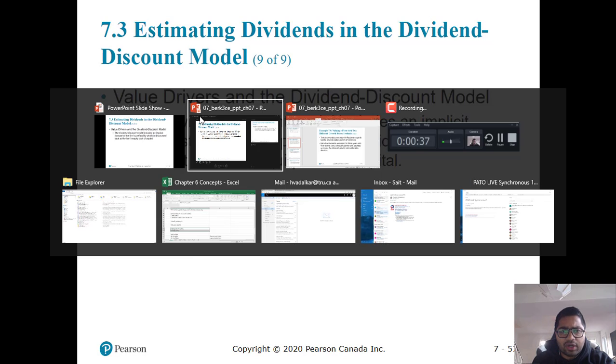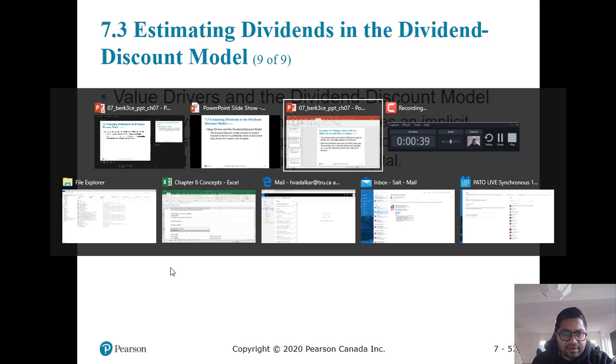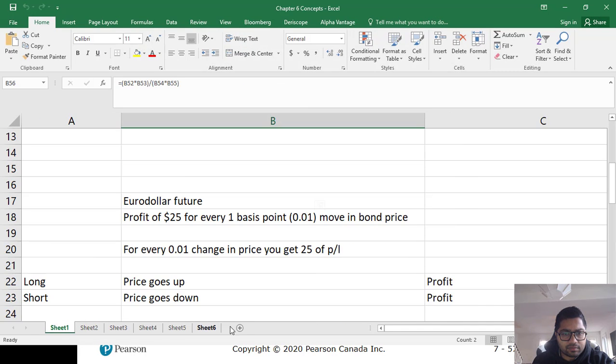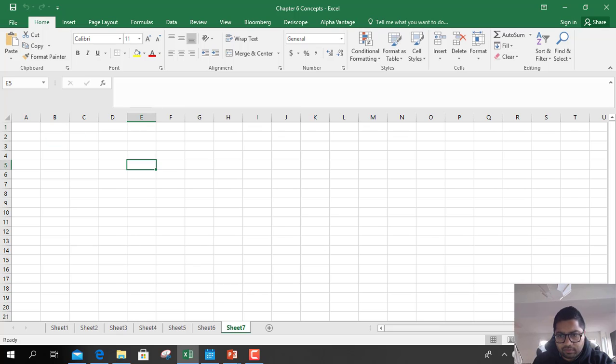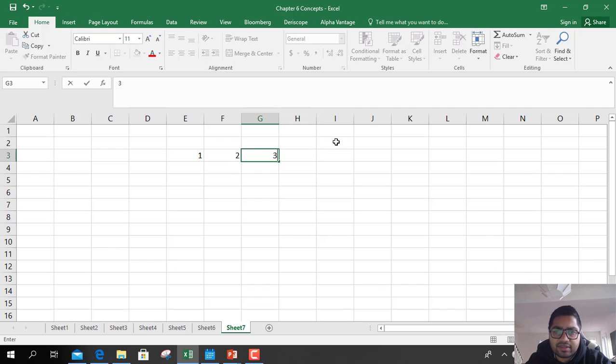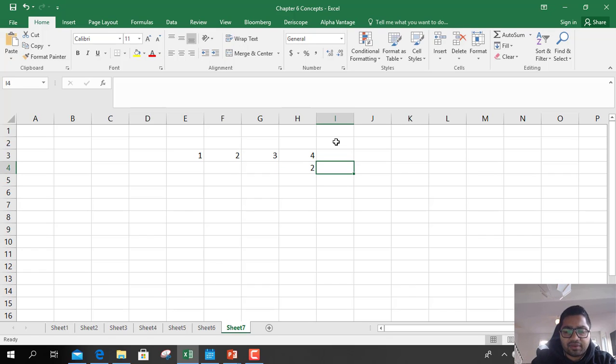So what does that mean? I'll open an Excel. Let's say you're investing in a company that doesn't pay any dividend for the first 3 years, and from the fourth year onwards it pays a $2 dividend that is growing at 5%.